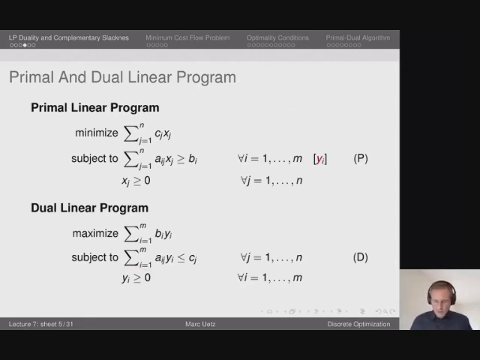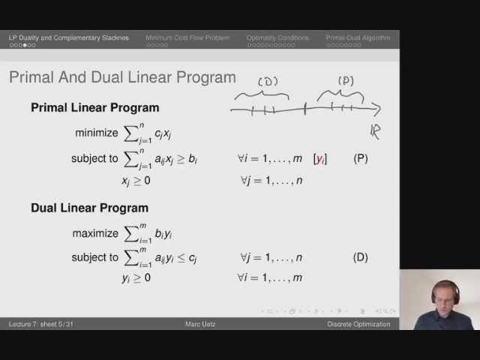So by construction, I have the following situation. All the feasible solutions of the primal problem give me values here, that's a minimization problem. All the feasible solutions y of the dual problem give me solution values here.